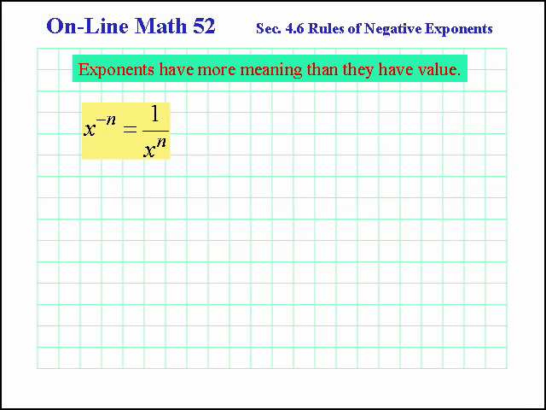We have this rule: x to the negative n equals 1 over x to the n. Now that can mean all kinds of things. And we can see so in example 2 on page 4.6-4.